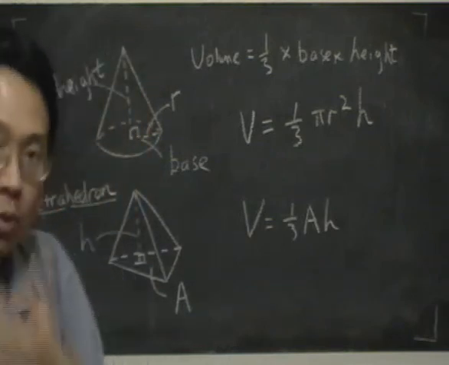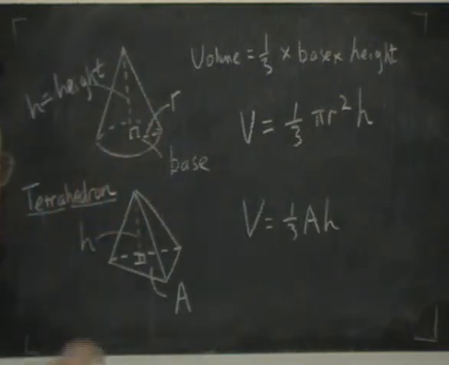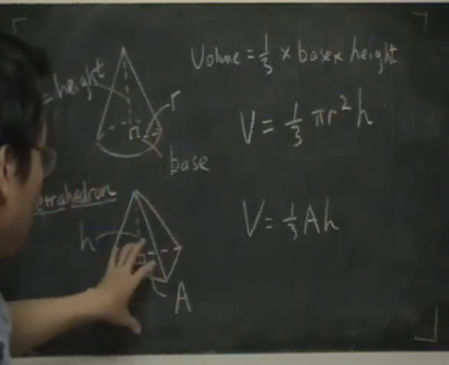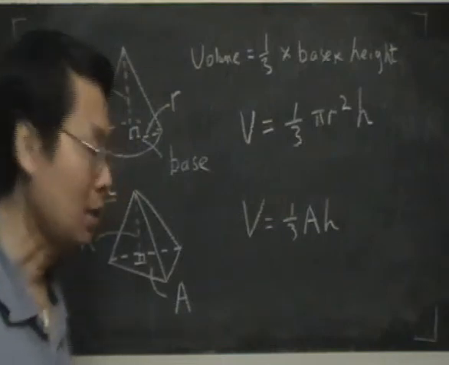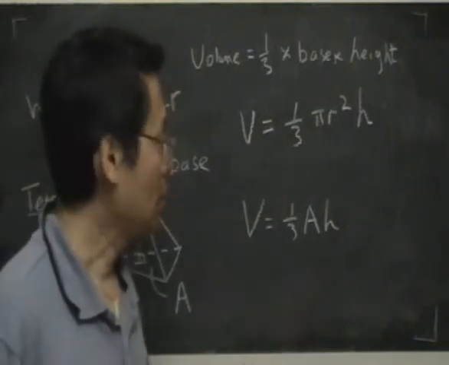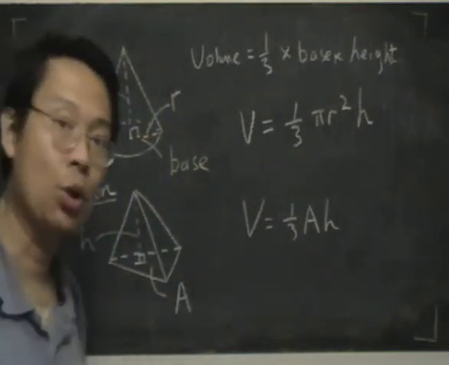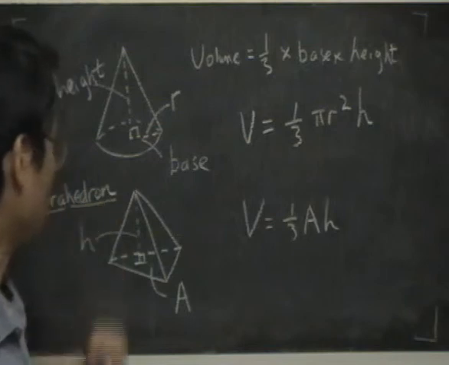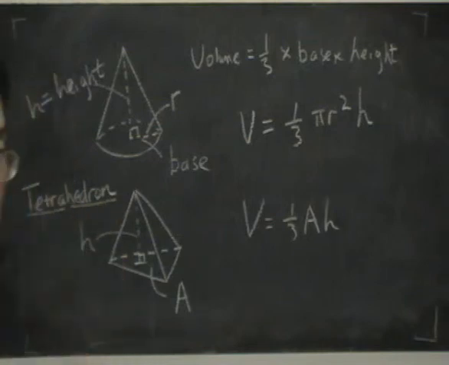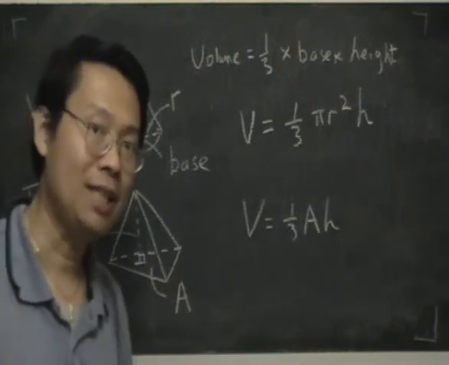Now, what about a pyramid? What if instead of a triangular base, I have a square base? So then I have a pyramid, right? Can I still use this formula? The answer is yes. You can use that for a normal pyramid as well as for a tetrahedron. And like I said just now, you can use that formula for a base of any shape.